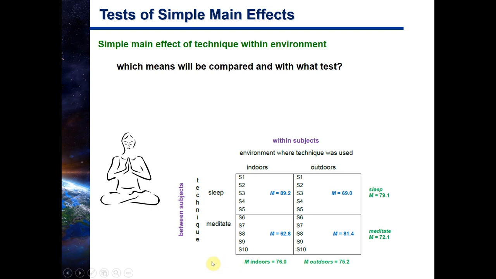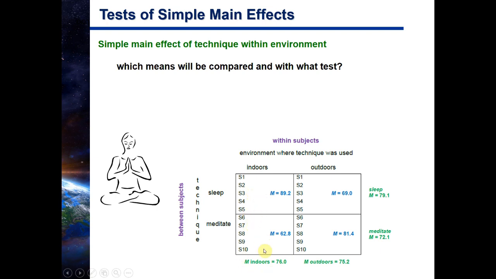What if we had a third meditation technique? What if we had sleep, meditate, and exercise? Then if we did the simple main effect of technique within environment, we would compare the different techniques within indoors, but now we have a third one. Is that still a t-test? No. If you have a third technique, like exercise, you're going to have three means to compare.